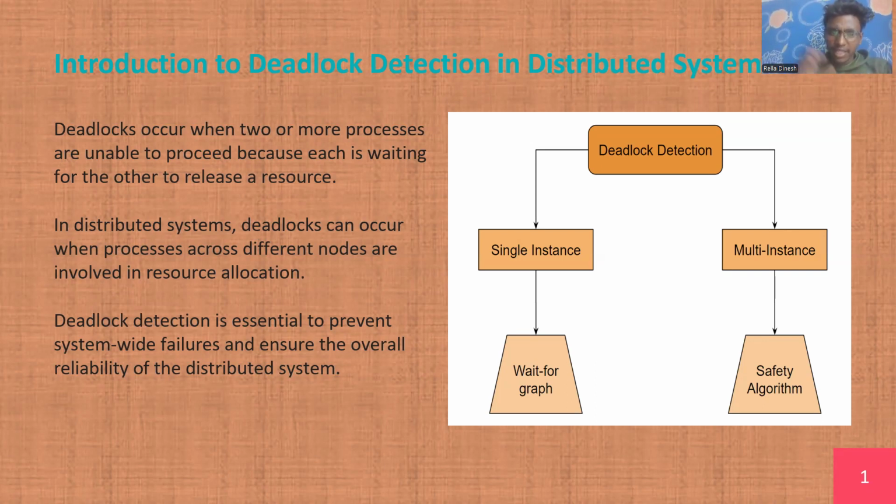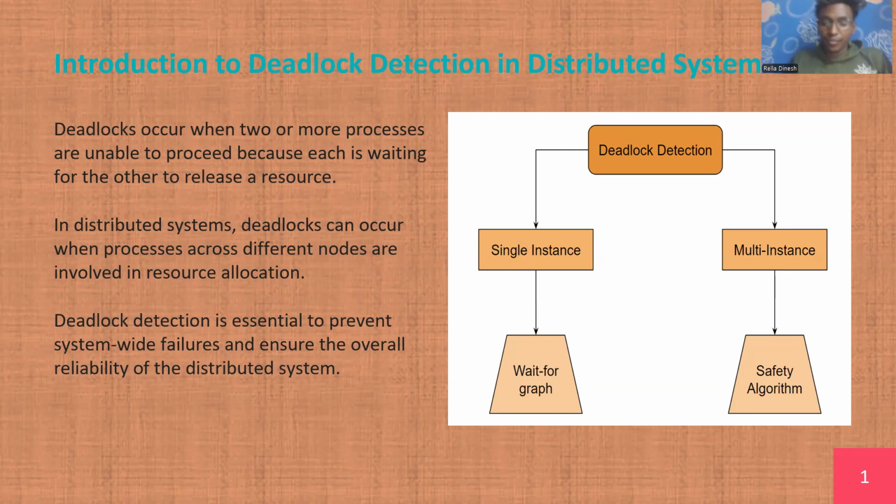In this distributed system, if one resource is requested by many distributed systems, then deadlock will occur. Normally, deadlock is a situation where processes are unable to proceed because each is waiting; one of them is waiting for another to release the resources.